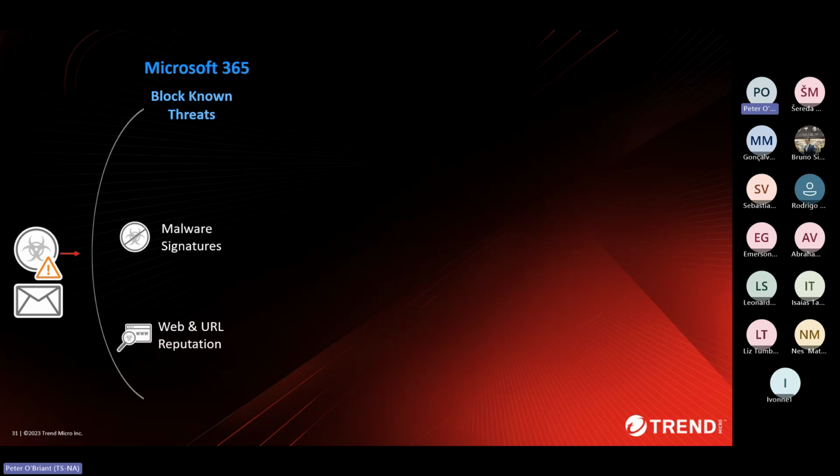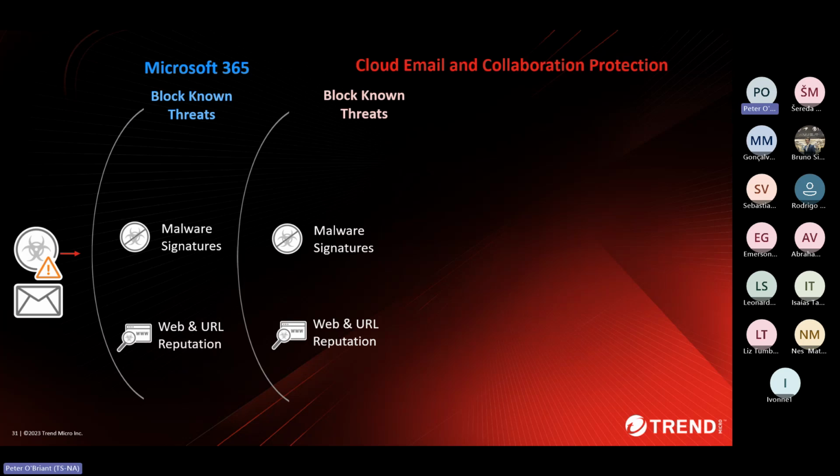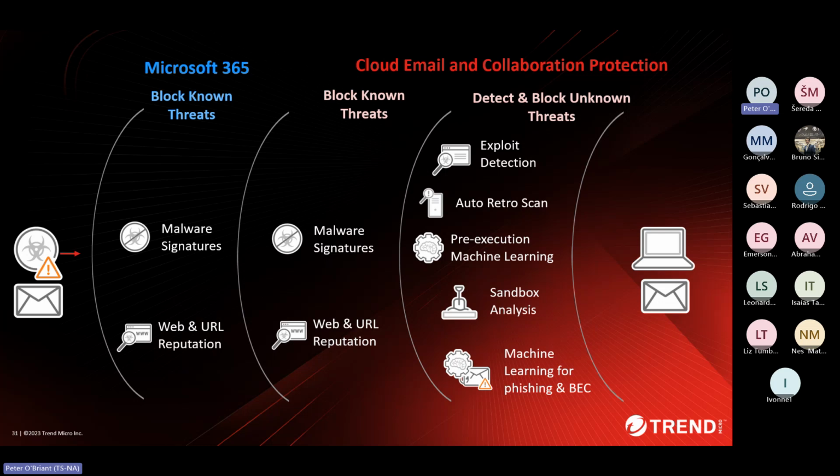Then our additional layer, we also are blocking known threats using Smart Protection Network. So those are blocking additional known threats using some advanced intelligence. Then we have the multi-layer scanning. So that's using machine learning, threat analysis, and sandboxing to detect those unknown threats and phishing attempts. So that's going to help with the unknown component. And then we also have the auto retro scan.